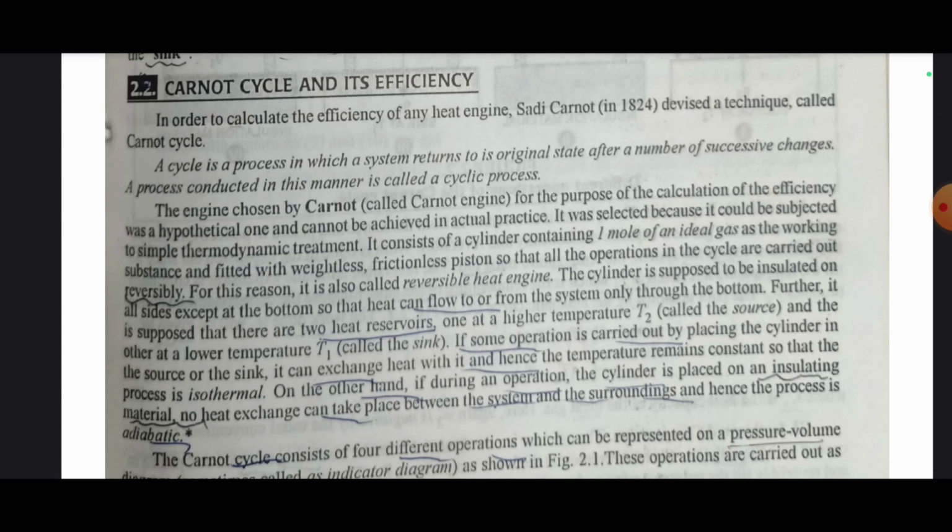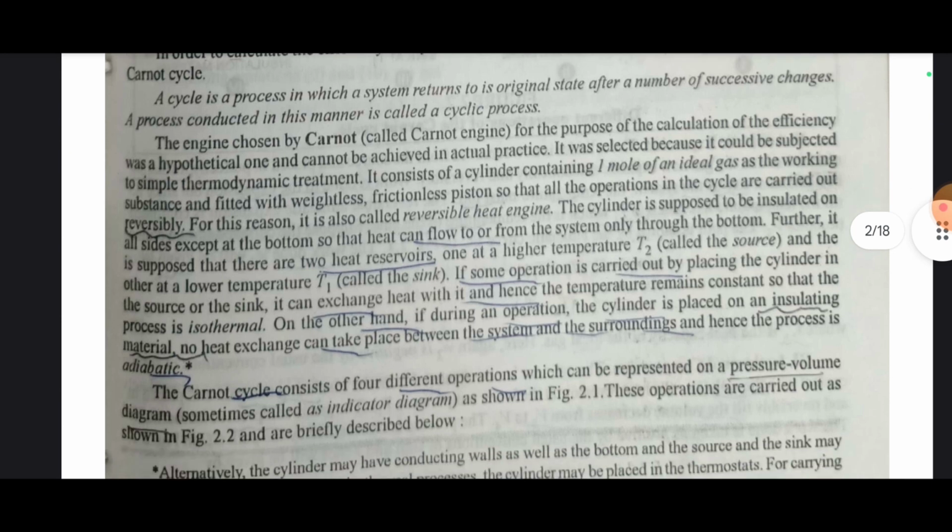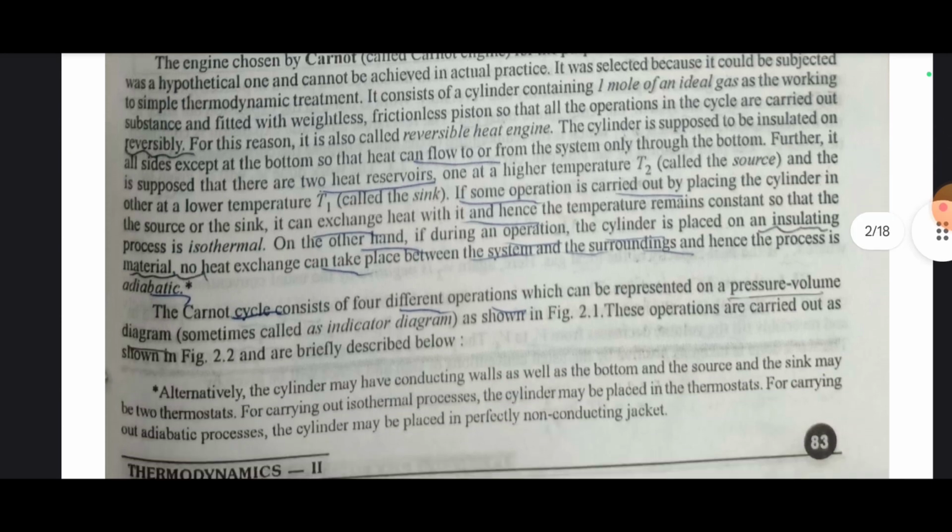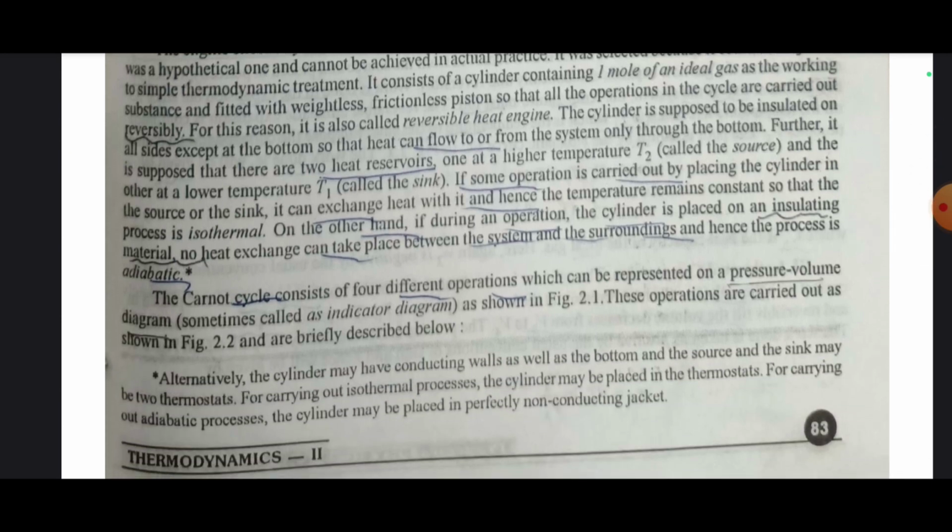If some operation is carried out by placing the cylinder in the source or the sink, it can exchange heat with it and hence the temperature remains constant, so that the process is isothermal. On the other hand, if during an operation the cylinder is placed on an insulating material, no heat exchange can take place between the system and the surroundings and hence the process is adiabatic.